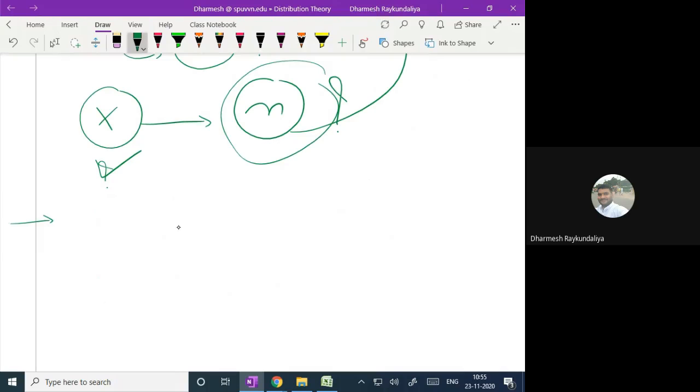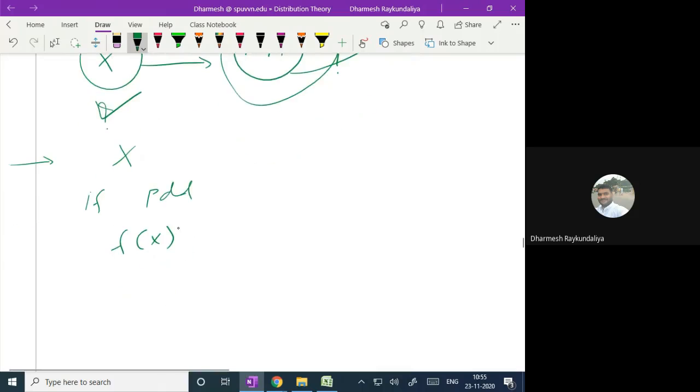Similarly, when you talk about a continuous variable, let us say X is a random variable which has some continuous distribution, and its PDF is given by f(x).